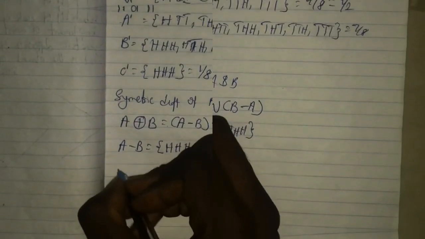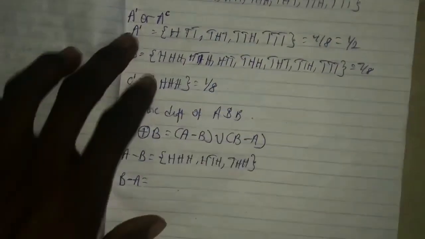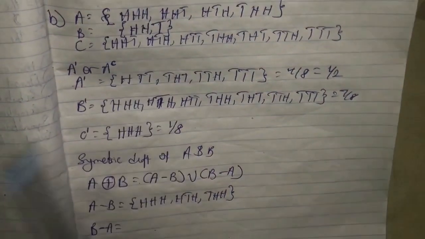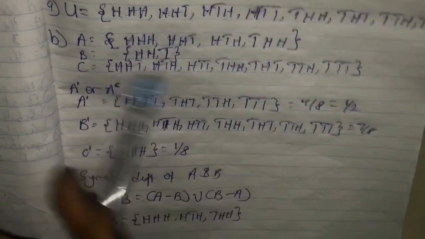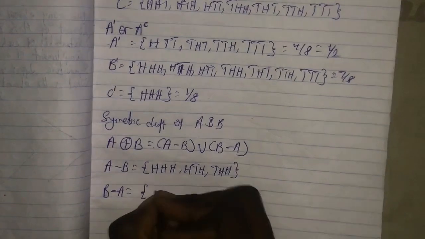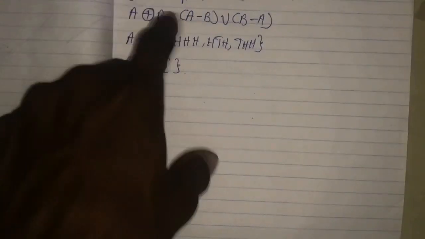B minus A. So from B minus A, we are left with what? Nothing. Because all of what we have here, if we minus it from here, we are left with null set, the empty set rather. Then to look for the difference, you find the union of both.